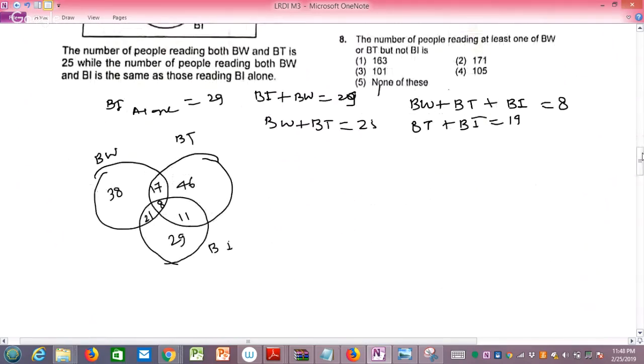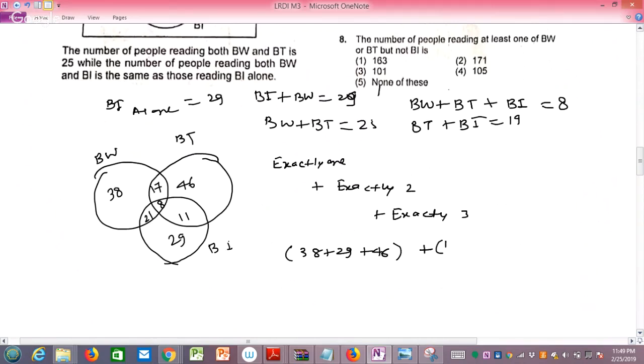So first I need to find out the total: the people who read exactly 1, exactly 2, and exactly 3 magazines. For exactly 1, you find 38 plus 29 plus 46. For exactly 2, it is 17 plus 21 plus 11, and for exactly 3 it is 8.